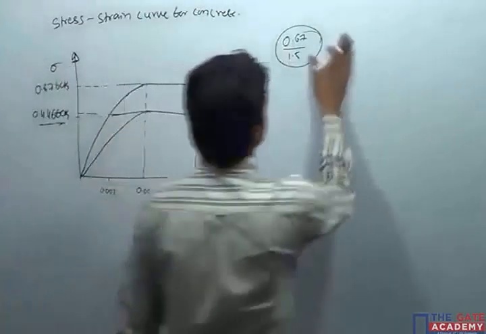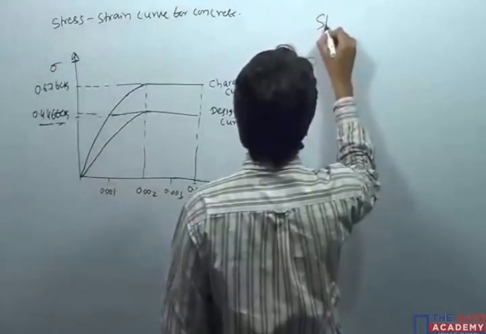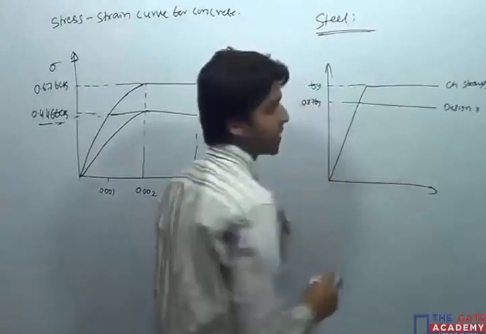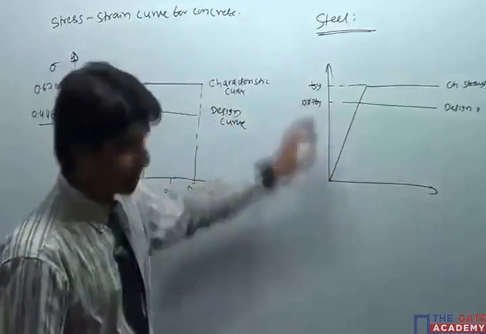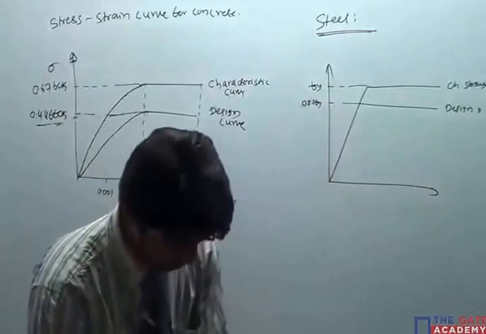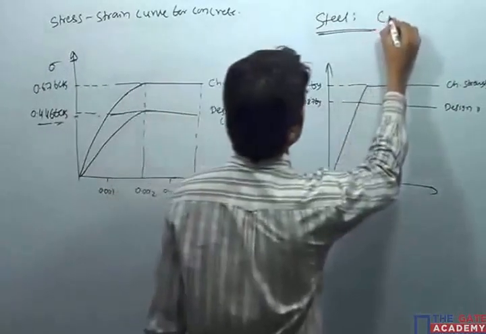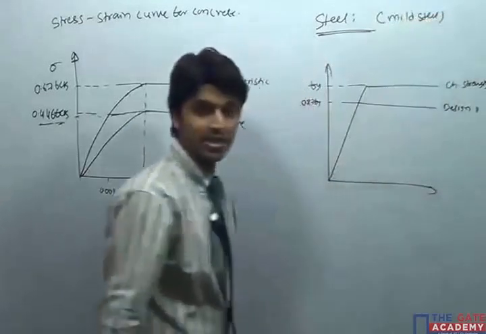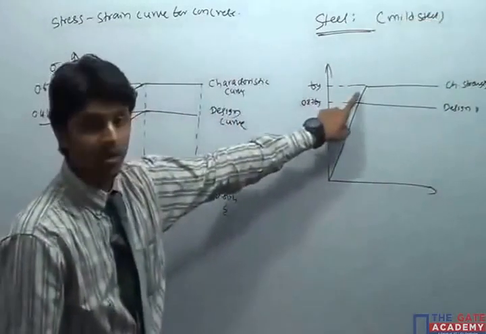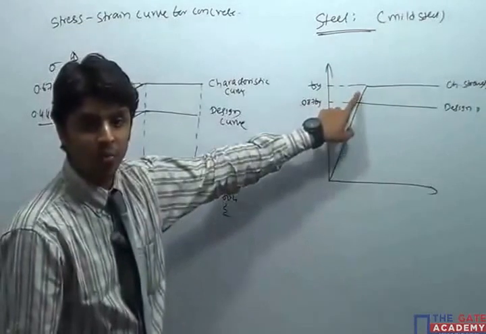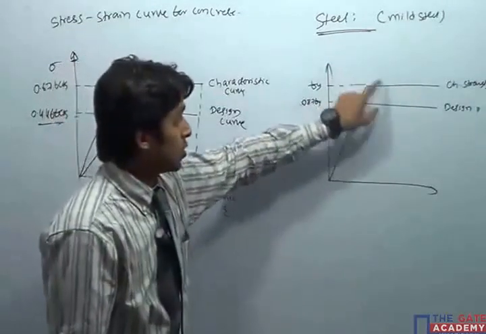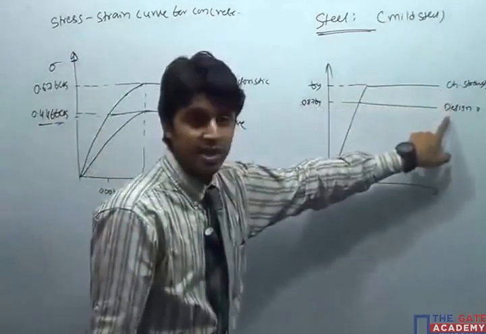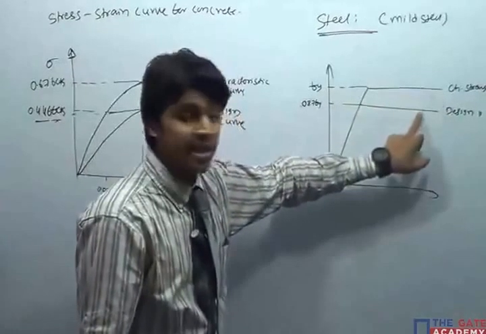This is for concrete. If you draw for steel, this is for mild steel. The mild steel has a well-defined yield point. So this is the characteristic curve and this is the design curve.